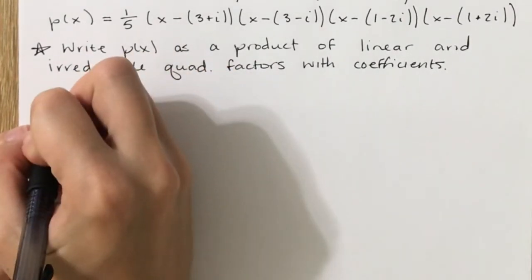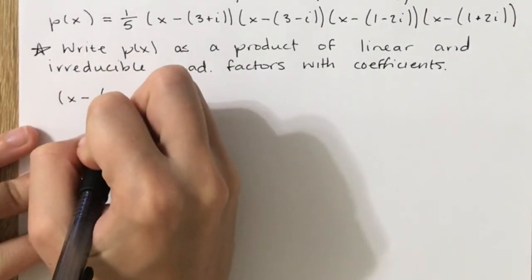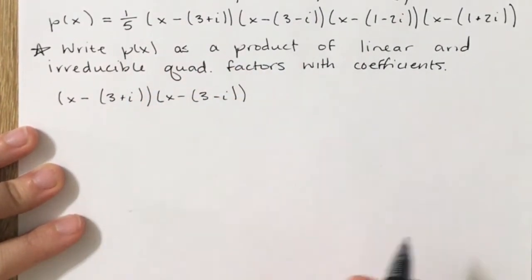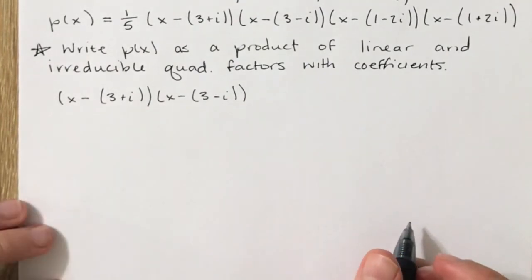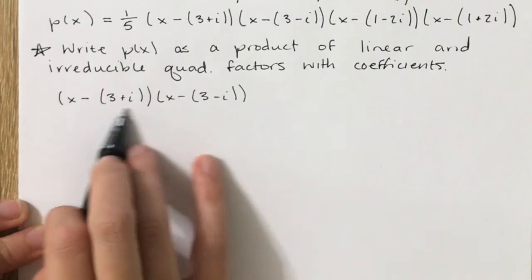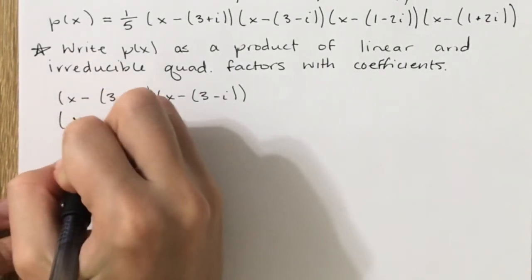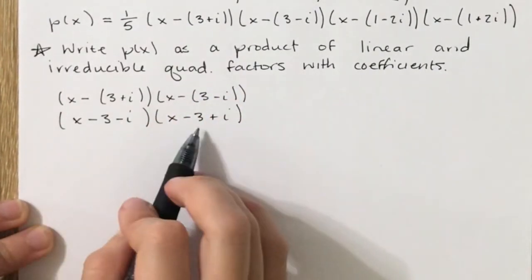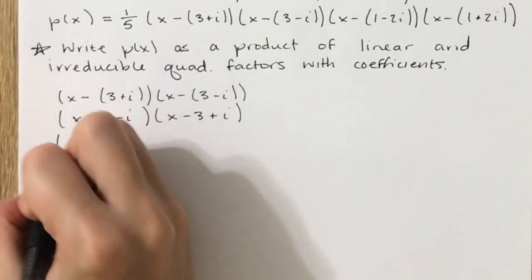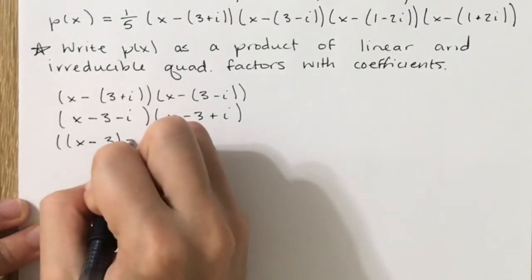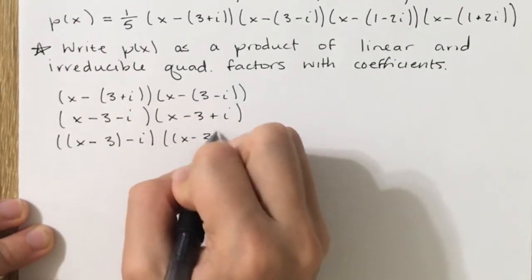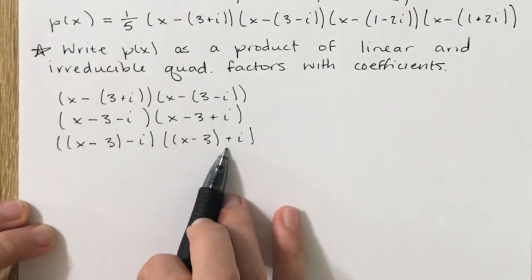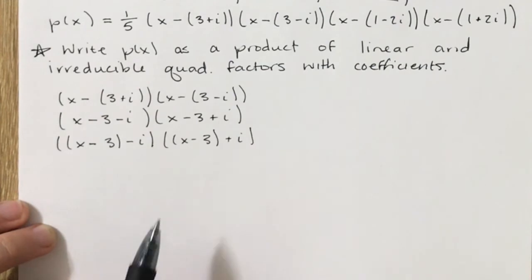So I'm going to start with, over here, x minus (3 plus i) times x minus (3 minus i). We had a very specific method for doing this. We distributed the negatives. Then we grouped the non-imaginary parts together, so the real part, so x minus 3 minus i and x minus 3 plus i. And then we saw that these were conjugates: we had negative and positive, same thing in front, same thing behind.